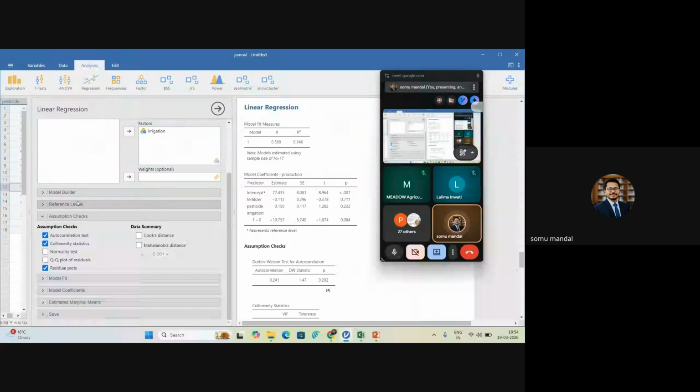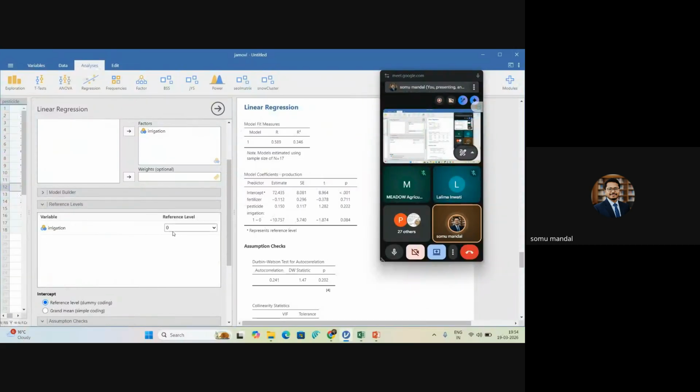Here 0 means no irrigation, 1 means irrigation. With reference to this 0 value, no irrigation, agricultural productivity is decreasing. How much? Near about 11 kg per hectare. Suppose you take 1, look, the value is here. Same coefficient, same value, just the change in plus and minus.